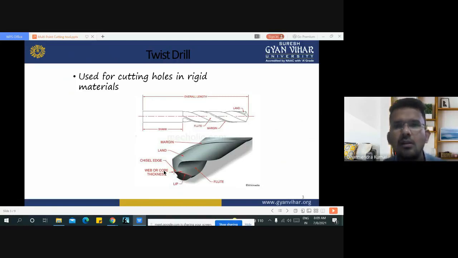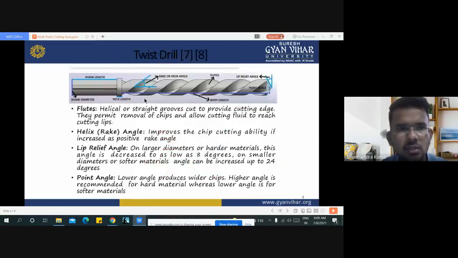Here are the overall parts of the twist drill, like shank diameter, shank length. We have seen that in a single point cutting tool, the shank is one part and the face is another part. On the face, there are many angles for the purpose of cutting.